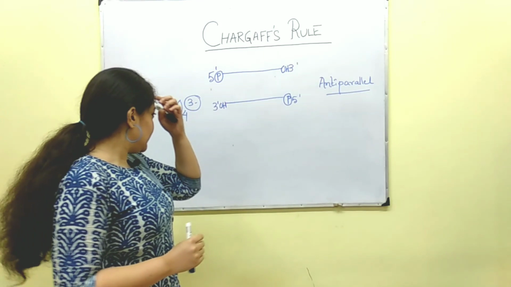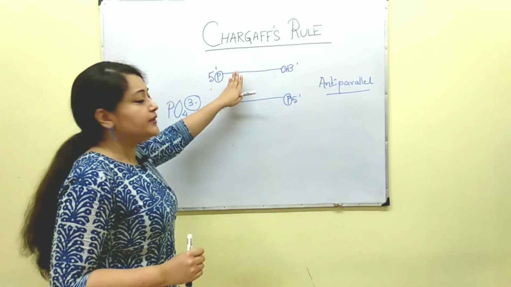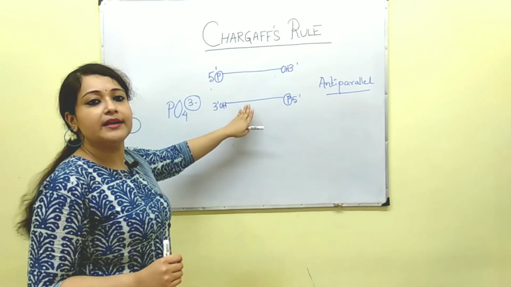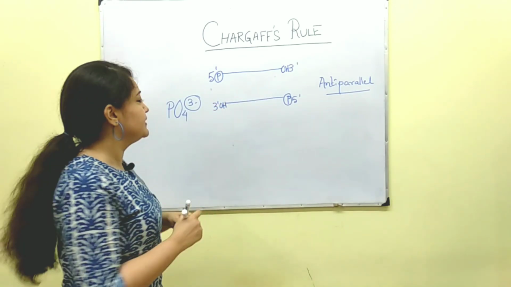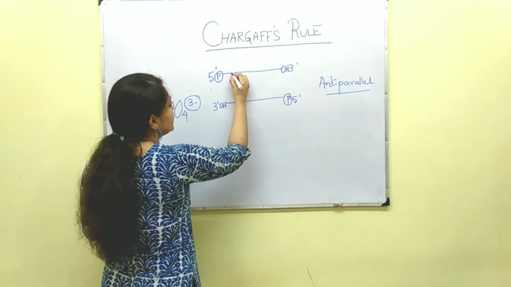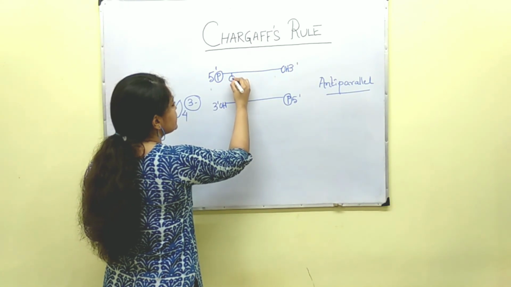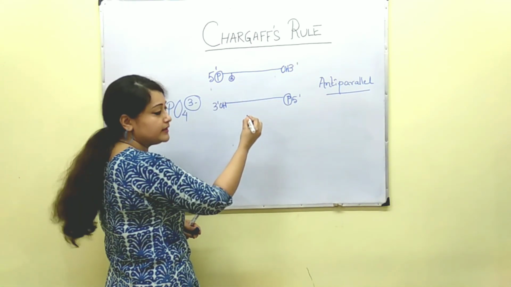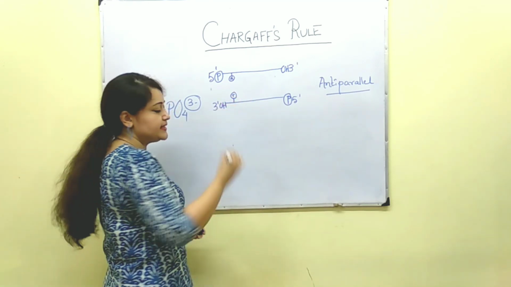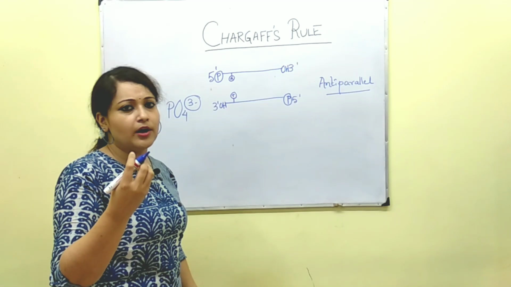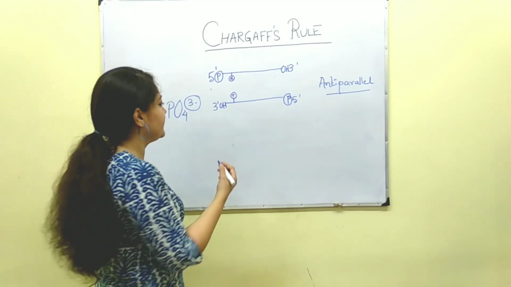Now see, if this strand and this strand are anti-parallel, how are they actually going to look? If this strand contains a particular base, say for example adenine, the opposite strand will contain the complementary base, that is thymine. We are all well acquainted with these facts, right?